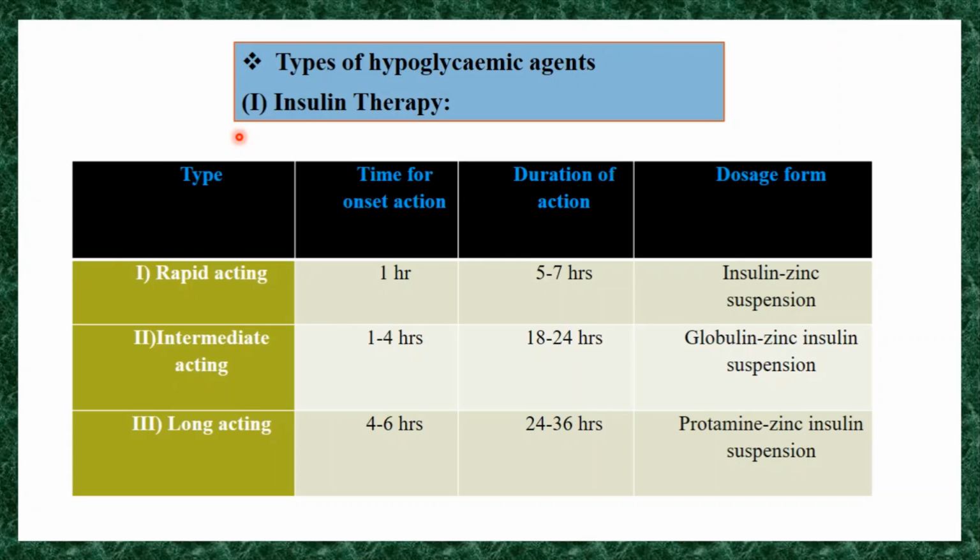Insulin is mainly a hormone consisting of two polypeptide chains having 21 to 30 alpha amino acids, and these two chains are held together by a disulfide bond, the SS bond.